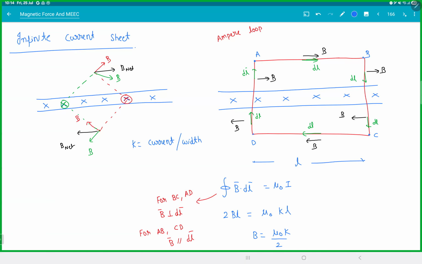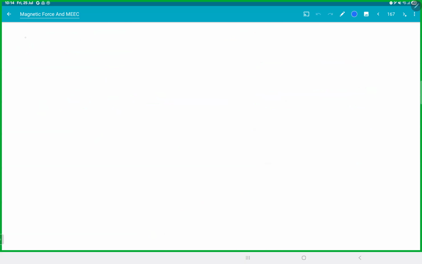The next one, infinite solenoid. So before jumping into the solenoid, here also we need to see something.